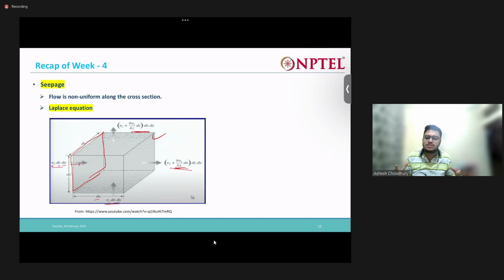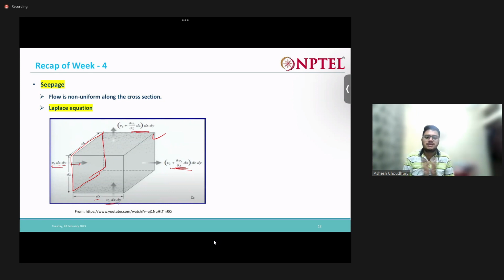In unsaturated soil mechanics, we do not consider the soil as completely saturated. If the soil is not completely saturated, there will be some volume change when water enters and exits, so we consider a certain volume change. But in seepage, the soil is considered as completely saturated.